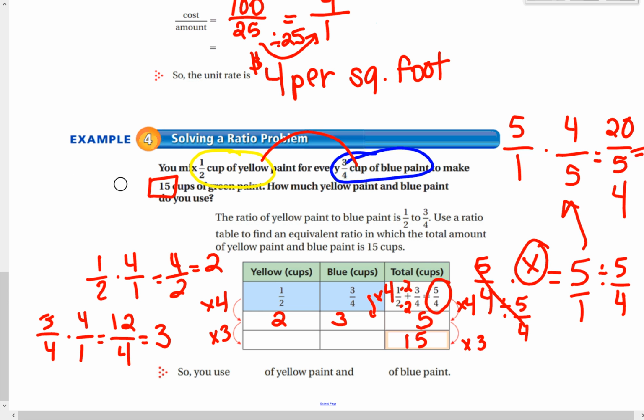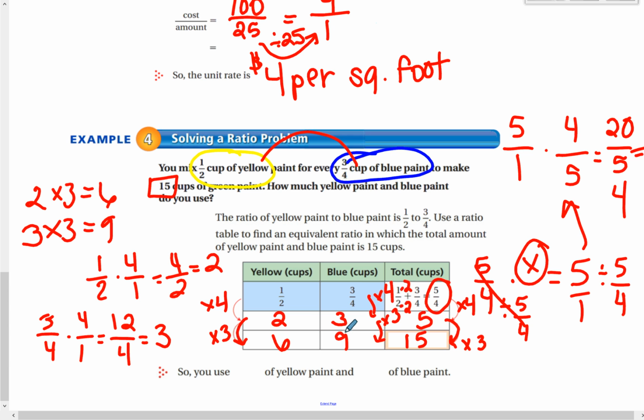We are multiplying 2 times 3 because that is where we are starting next, because we're going from the 5 to the 15, not the 5/4 to the 15. See, even I can make mistakes. So we're going to do 2 times 3, which equals 6. Same thing to this 3. We are going to multiply it by 3, and 3 times 3 equals 9.